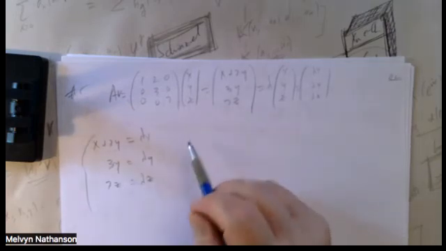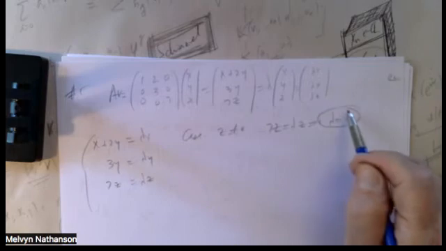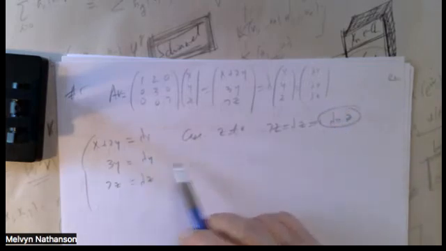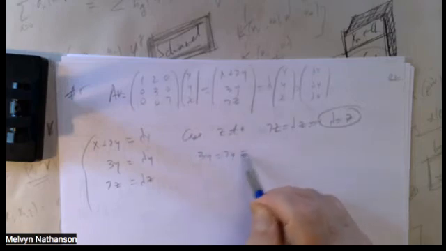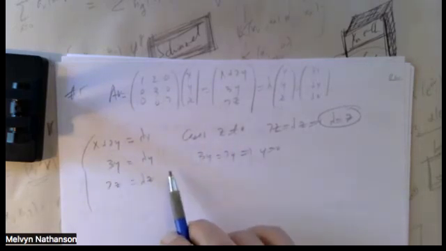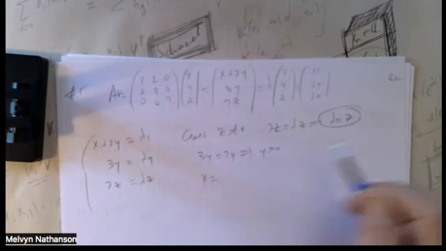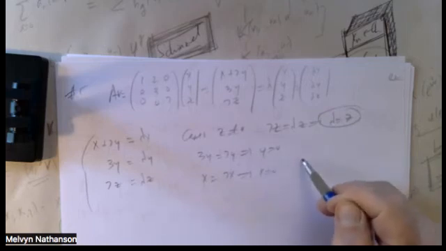So let's look at separate cases. Case 1, suppose z is not 0. 7z equals lambda z implies lambda must equal 7. If lambda equals 7, from the second equation, 3y equals 7y, it means y has to be 0. And if y is 0, x equal to 7x means x has to be 0.